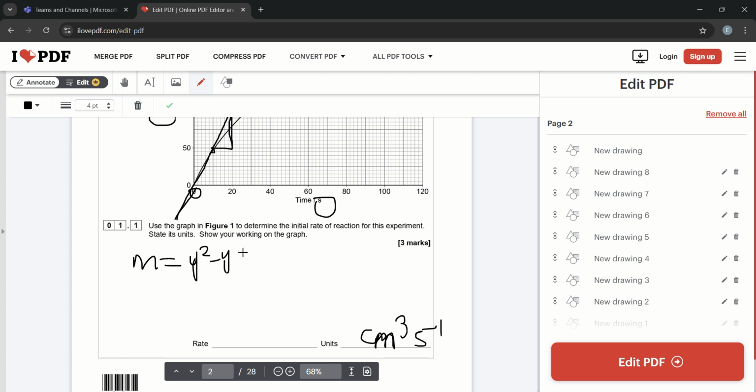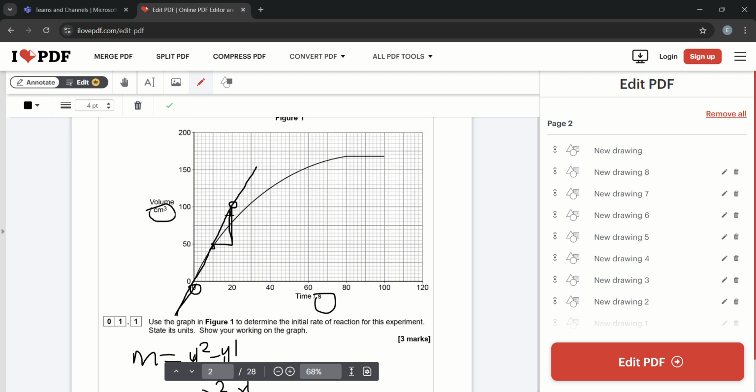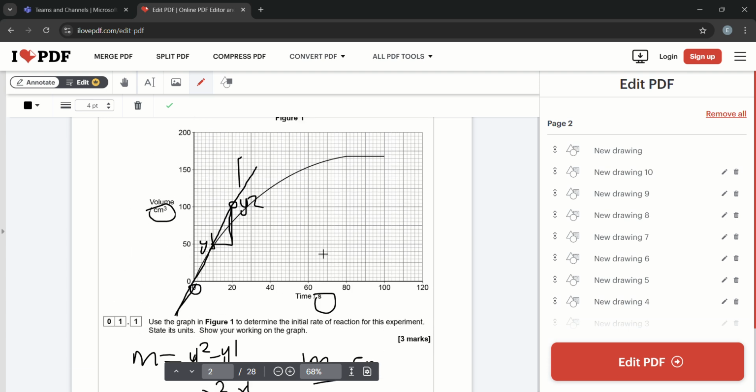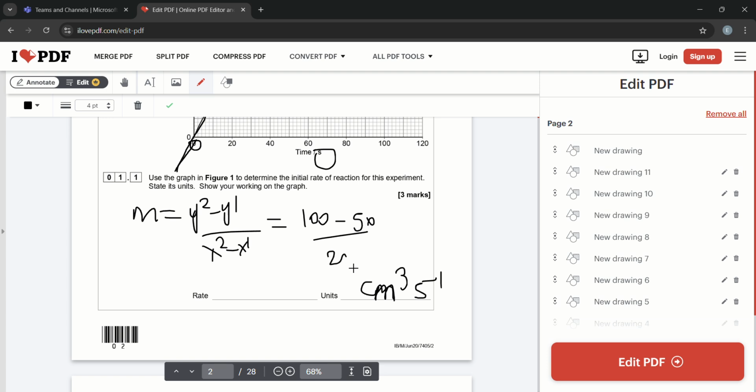y2 minus y1 over x2 minus x1. This is always y2, further to the right, this is y1. So 100 minus 50 over 20 minus 10, which will give me 50 over 10, which is equal to 5.